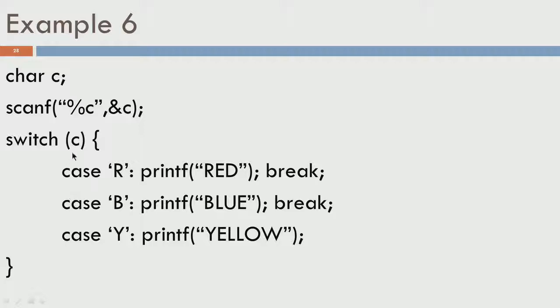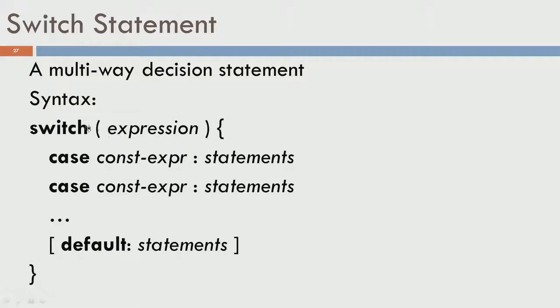If you look at this, there is a switch C followed by braces followed by one or more case statements. The case, then there is a constant expression here, R, B or Y, followed by a colon and there is a statement here. So, that is the structure: switch followed by expression, and within the curly braces you have case, constant expression, colon, statements.